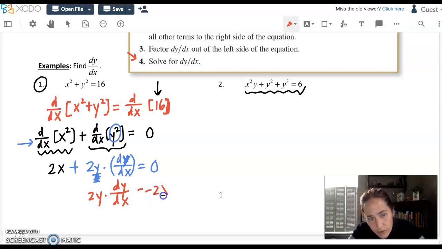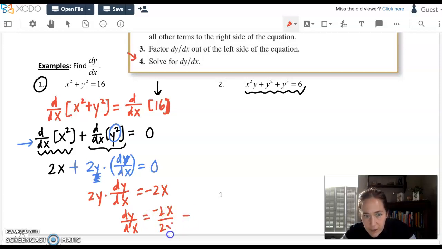We've got a little bit more to do to get dy/dx all by itself. We want to divide both sides by 2y. So dy/dx equals what? Negative 2x over 2y. And if anything can be reduced in this fraction, we would much rather leave it in simpler form. So the 2's can go away and I get negative x over y.